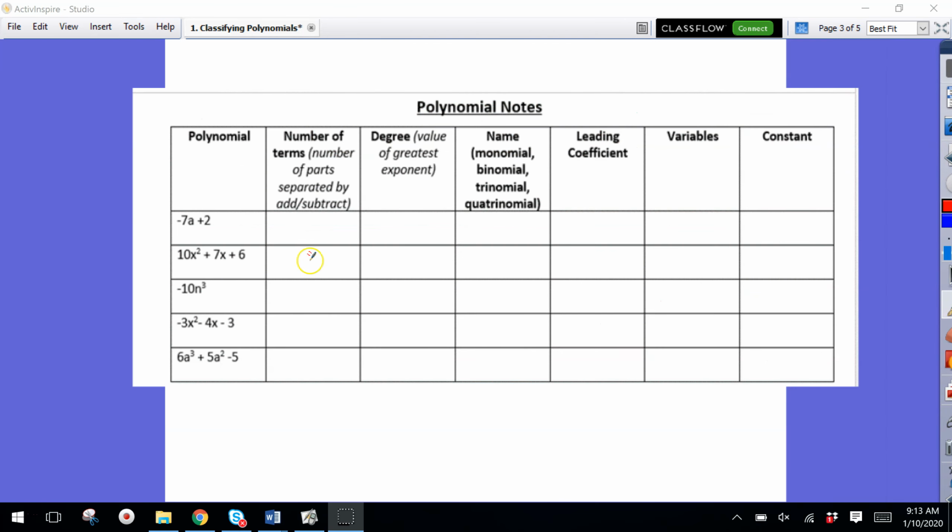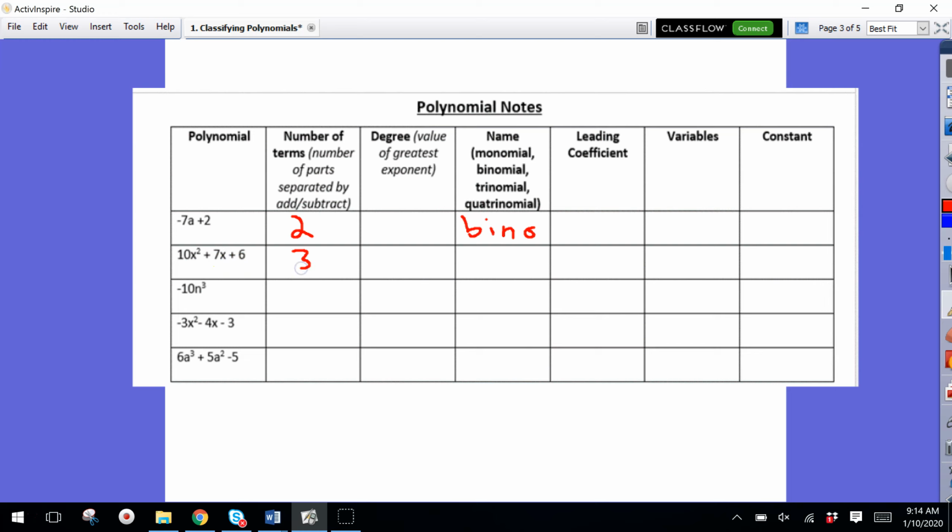All right, so let's go ahead and fill out this chart with the things that we just talked about. So this first polynomial here has 2 terms, right? So there's 2 terms here, so we would call this a binomial. And I'm just going to put bino to make it shorter. Okay, now 10x squared plus 7x plus 6, there's 1, 2, 3 terms.